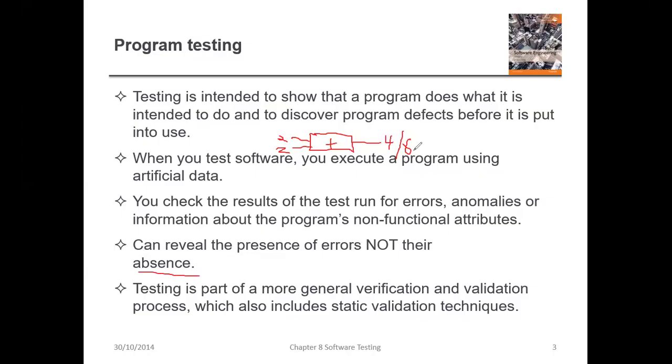Yes, in the case of 6, it can reveal the presence of errors. However, if you get 4, this system cannot show that they are absent. Okay, so that is what the second part is saying. So testing is part of a more general verification and validation.